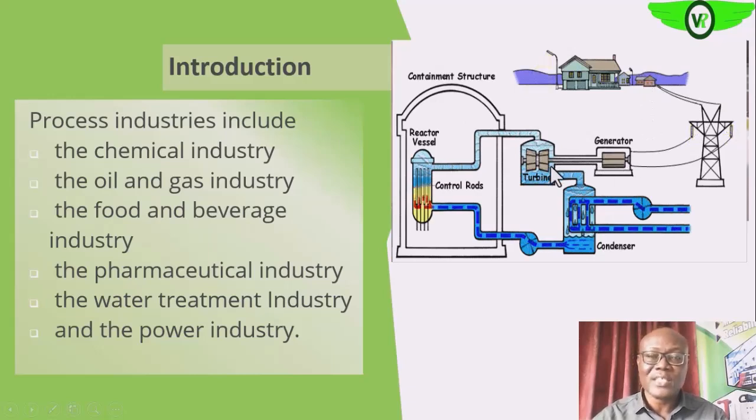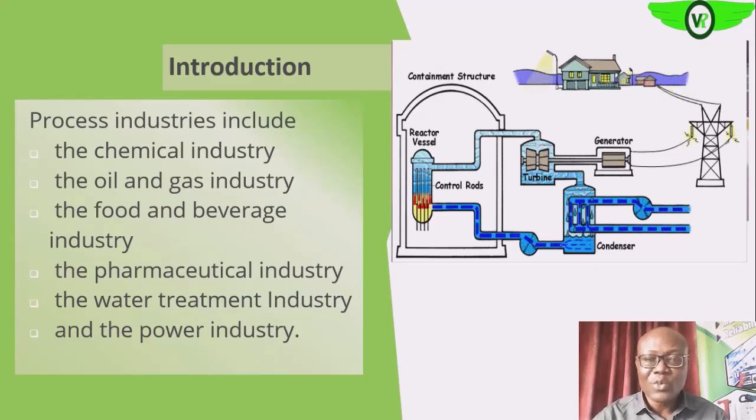So you see that in this process industry, our desired output is the electrical energy, and we have a series of steps in the production of electricity. One, the conversion of heat energy in the reactor to steam, kinetic energy in steam, the conversion of that kinetic energy into rotating mechanical energy at the turbine, and also to electricity at the generator.